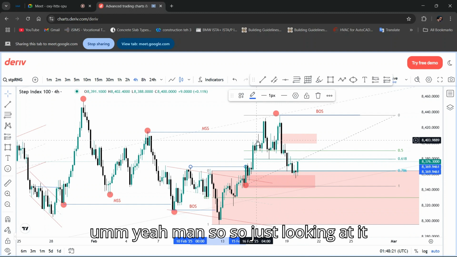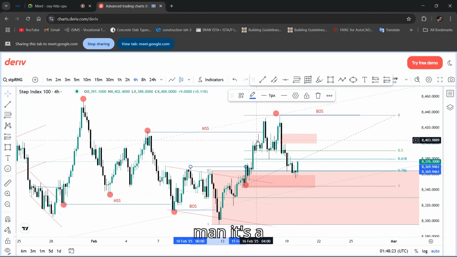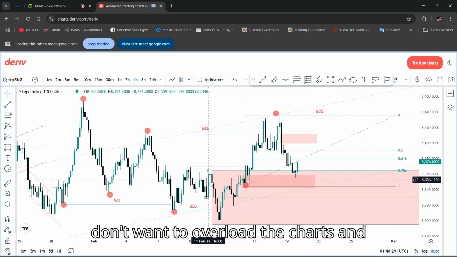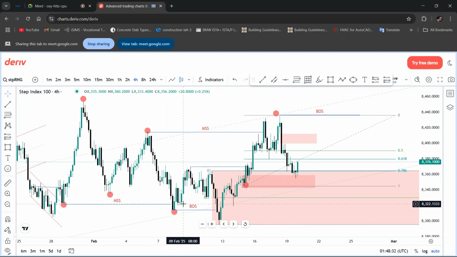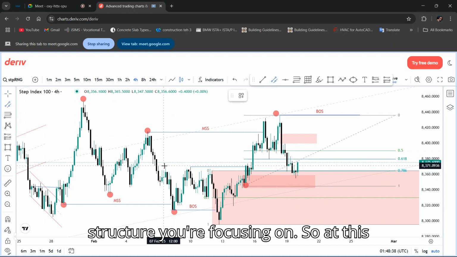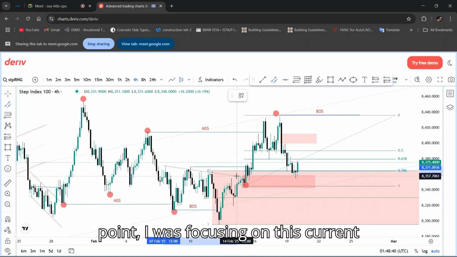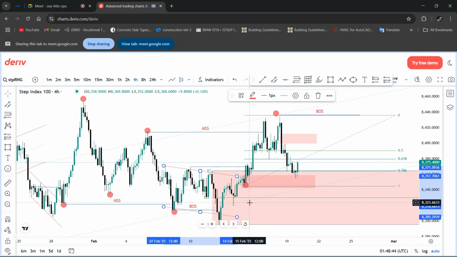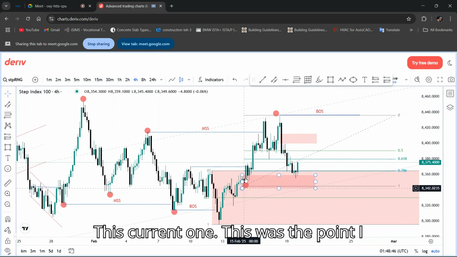Yeah, man. Just looking at it, I tell you it's a thing that can actually confuse you. It's confusing depending on how you mark it. You don't want to overload the charts and mark them up with too many things, because you don't want to confuse yourself. You have to know which trend in the structure you're focusing on. So at this point, I was focusing on this current downtrend that was here. This was the point of focus.